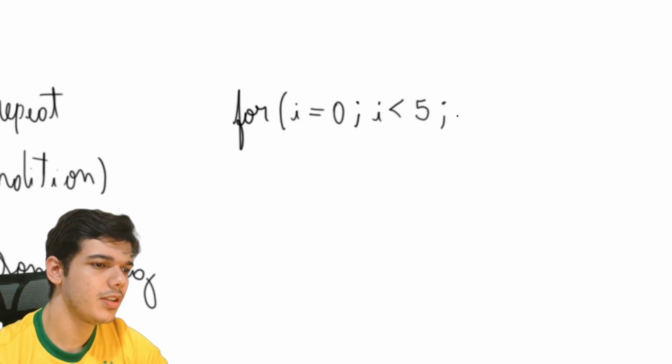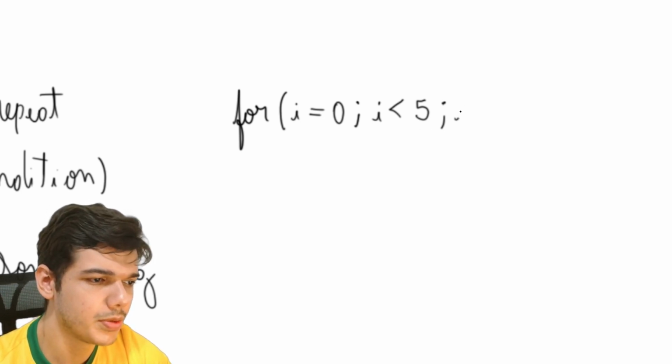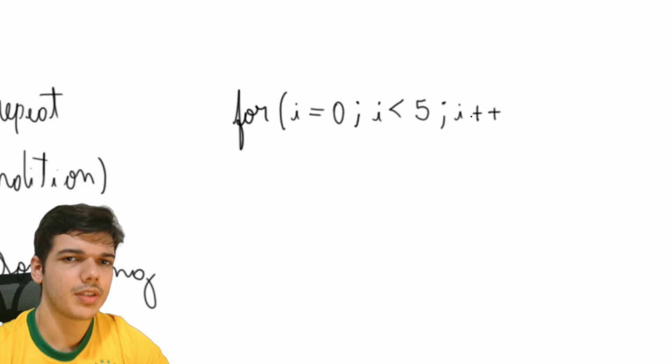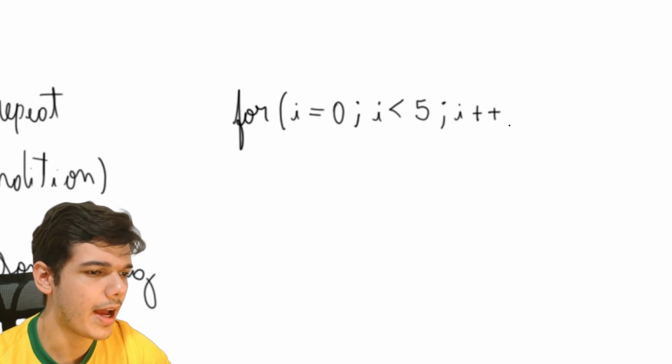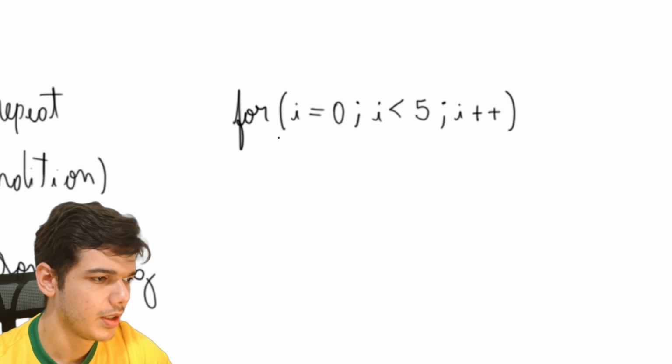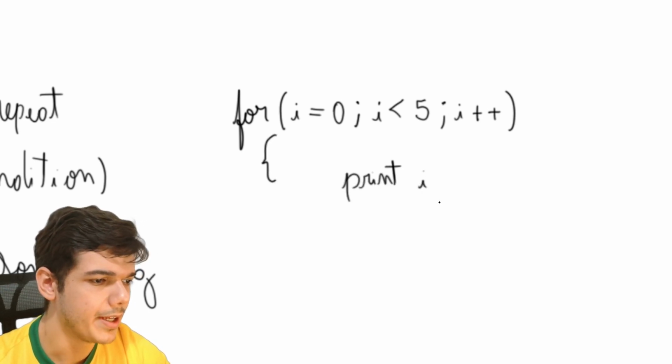And finally, what we will do to this iterator every loop executed. This means I will add 1 to the value of I. And here, let's put something like print I.